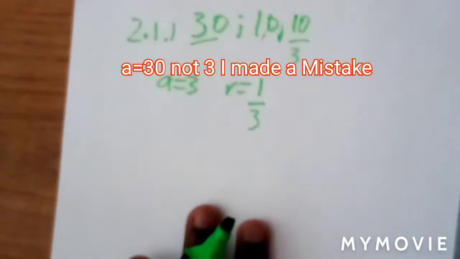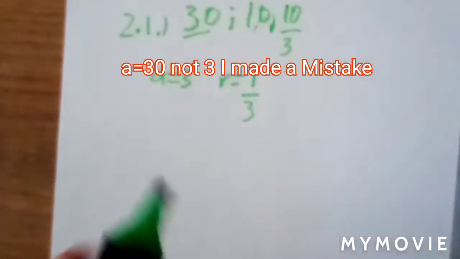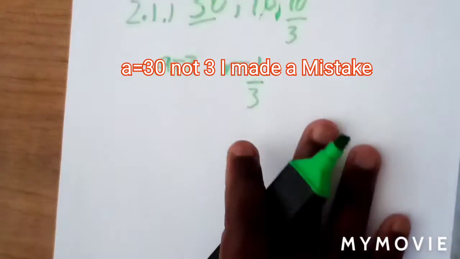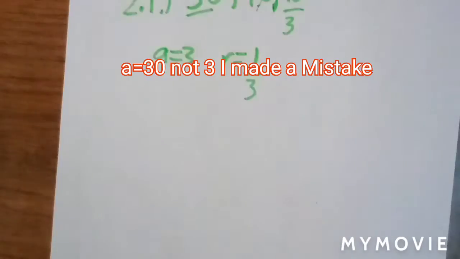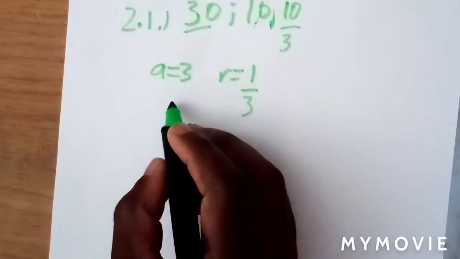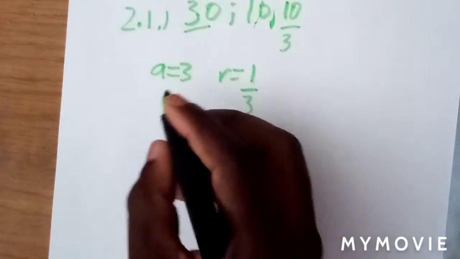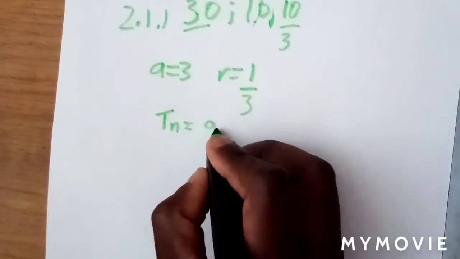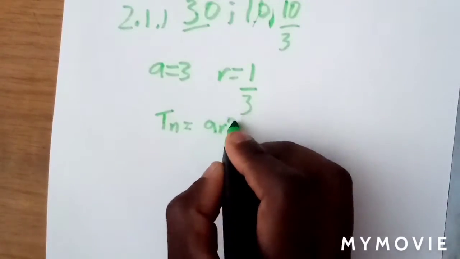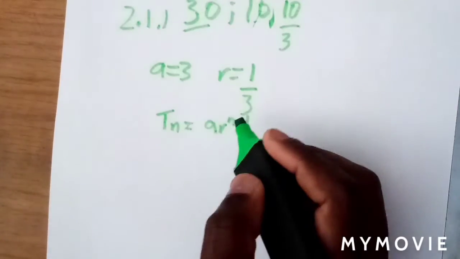The next step, you know that the formula for a geometric sequence is Tn is equal to ar to the power n minus 1.